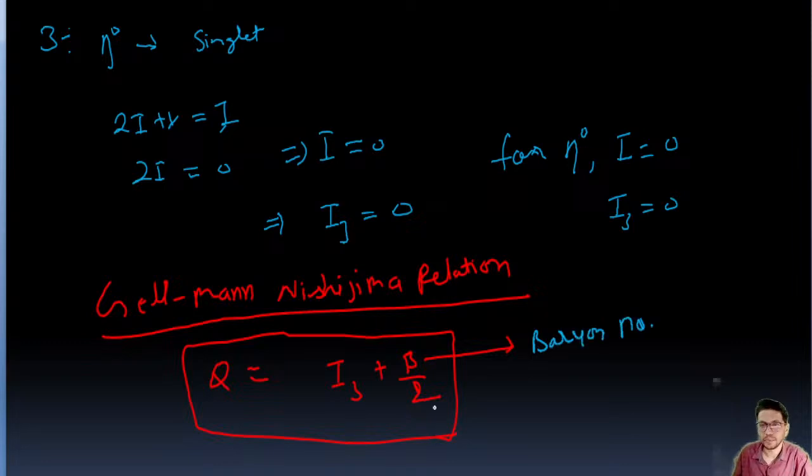By this formula we'll get the charge from the isospin. Let's see whether this relation is valid or whether some modification is needed for this formula given by Gell-Mann and Nishijima.